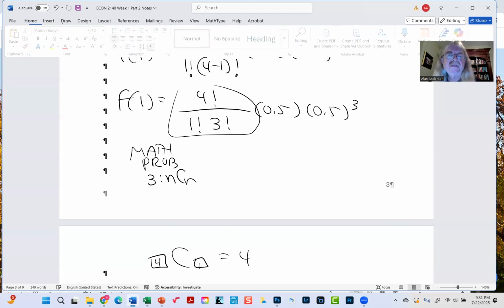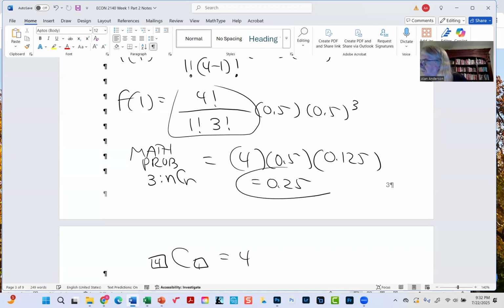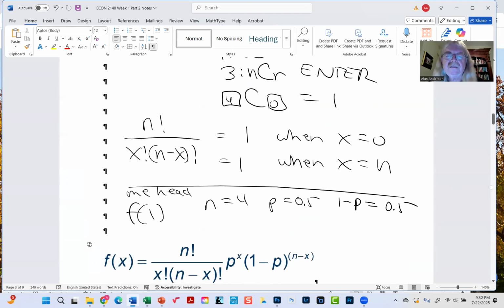So now we plug these back in and we'll have 4 times a half. Now 0.5 cubed is 0.125. And the product of all 3 terms is 0.25. All right. So we do them all exactly the same way.